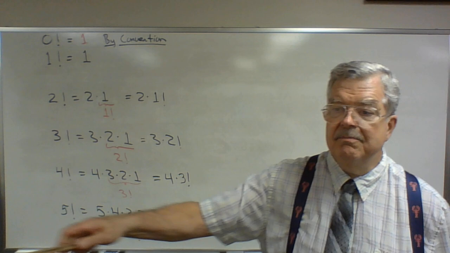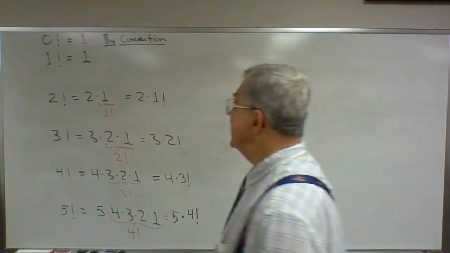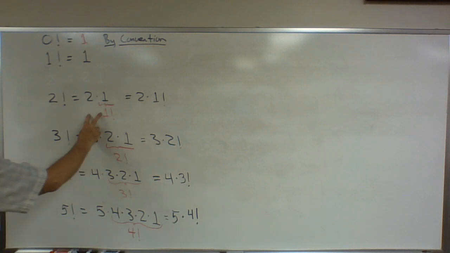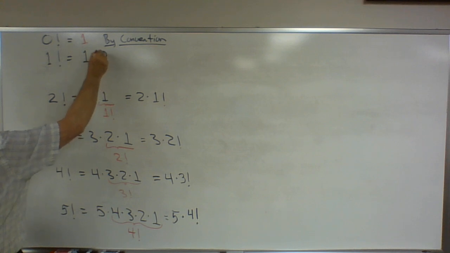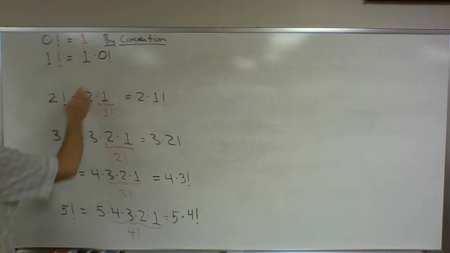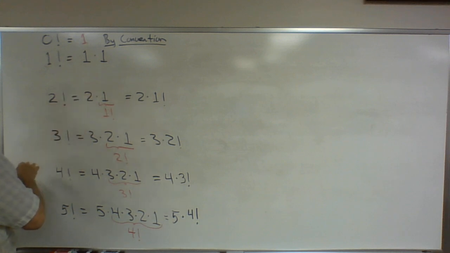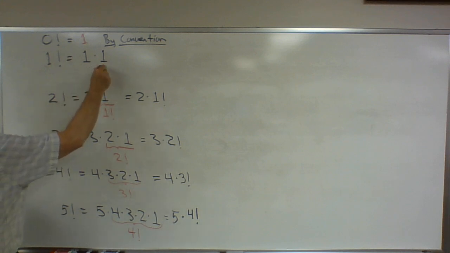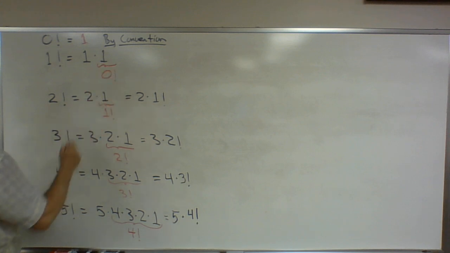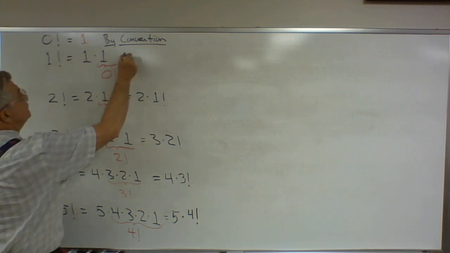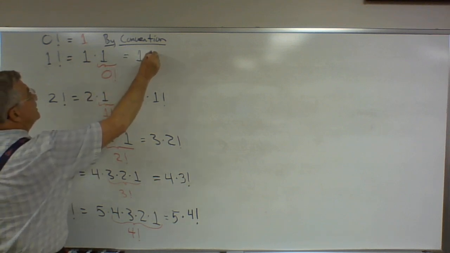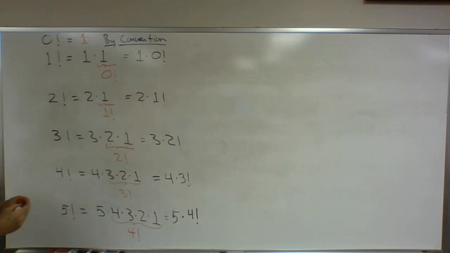And when we do, we can actually extend this pattern backward one more step. Whoops, I'm sorry. 1 times 1. Where this 1 right here is 0 factorial. So 1 factorial, we can say that that's 1 times 0 factorial.